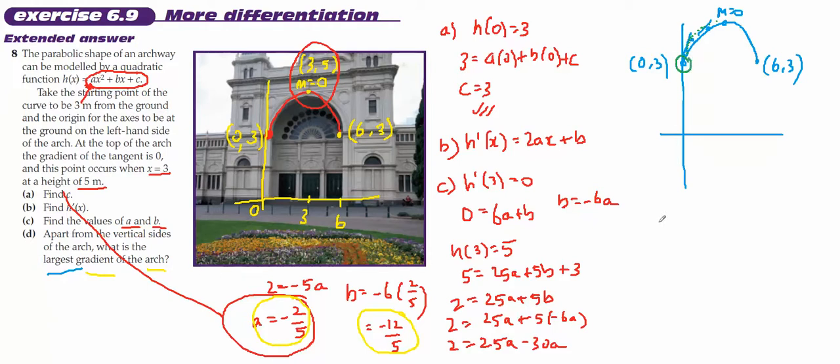So if I take the limit as x tends towards 0 of the derivative, that should give me the gradient. I know the gradient doesn't exist there because it's not a smooth join and it's an endpoint. But if I was to put 0 into the derivative, I would get b, which is going to be 12 on 9.